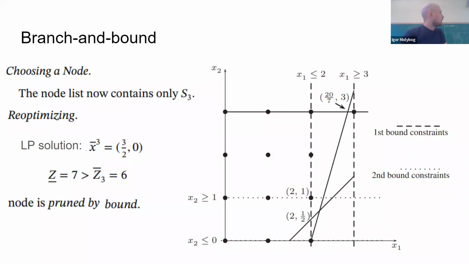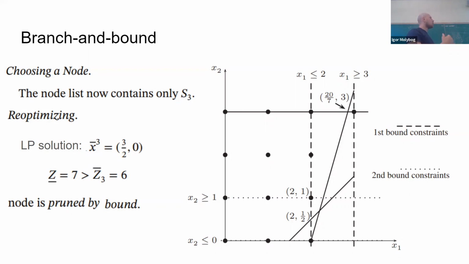The only node that we still have not considered is the node S3. We're re-optimizing for that. We are finding a point 3/2, which is located over here. Its value is equal to 6, which is its upper bound for the value of Z3, right?